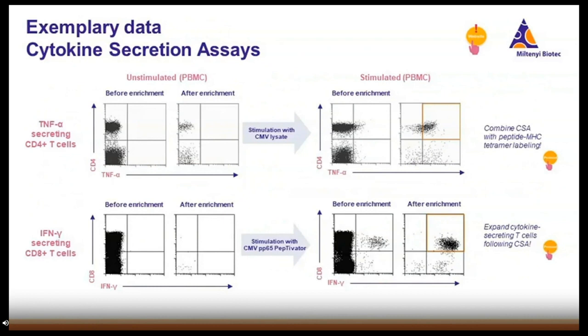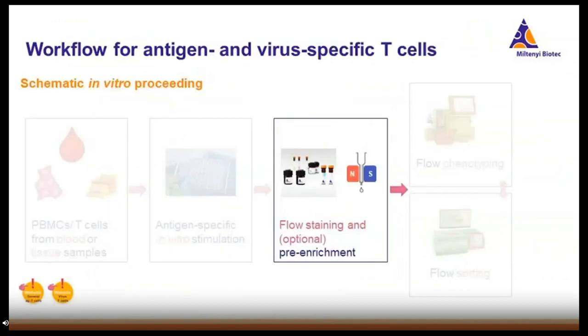The responding cells were then isolated according to the secretion of TNF-alpha or gamma interferon using the respective detection kits. And as you can see in the stimulated samples, a distinct population of cytokine secreting CD4 and CD8 positive T cells were specifically enriched. Whereas in the unstimulated control sample, no cytokine secreting cells could be detected after the enrichment.